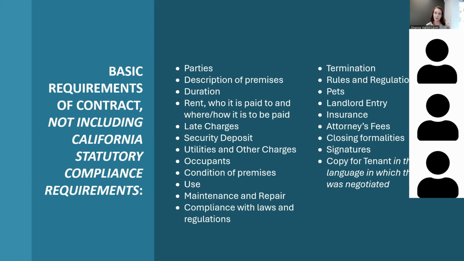Most leases provide some reference to insurance. I explain on a regular basis to landlords that there are different types of insurance that relate to a tenancy. The obvious one is renter's insurance. You want to require your tenant to have renter's insurance, although it cannot always be required by the landlord.